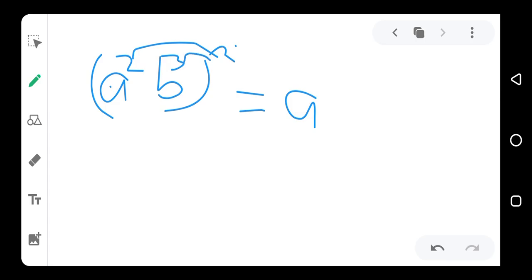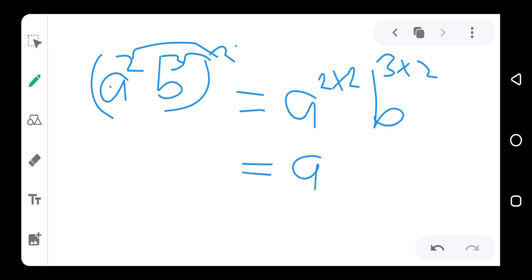So A raised to power 2 times 2, then B raised to power 3 times 2. So this is going to be A raised to power 4 and B raised to power 6. So this is the answer. So this is how to multiply powers in indices.